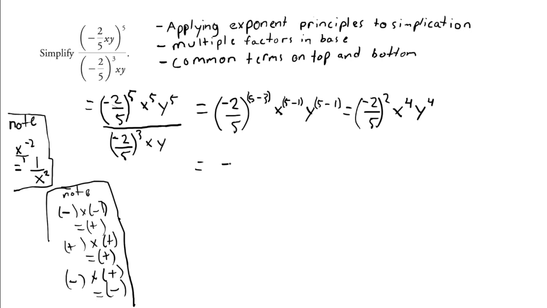So it's going to be negative 2 squared over 5 squared when we expand it, x to the 4, y to the 4, because this exponent is going to apply to anything at the top and anything at the bottom to the power of 2.